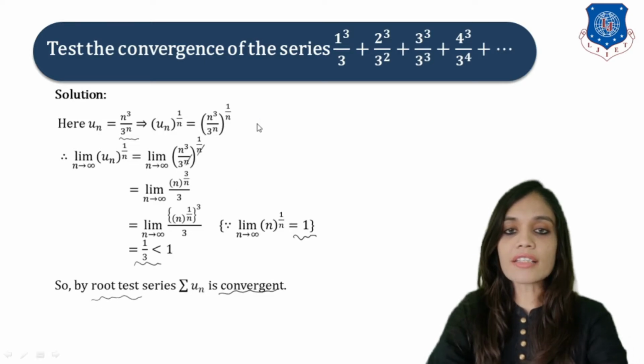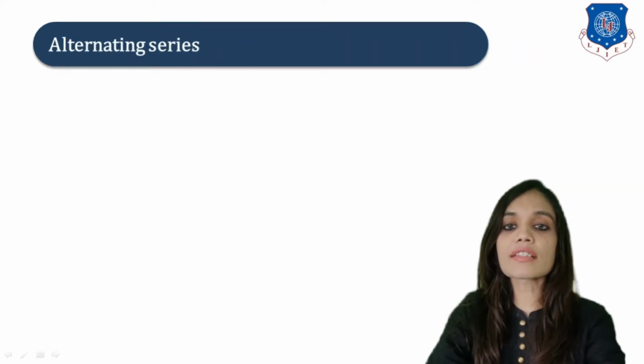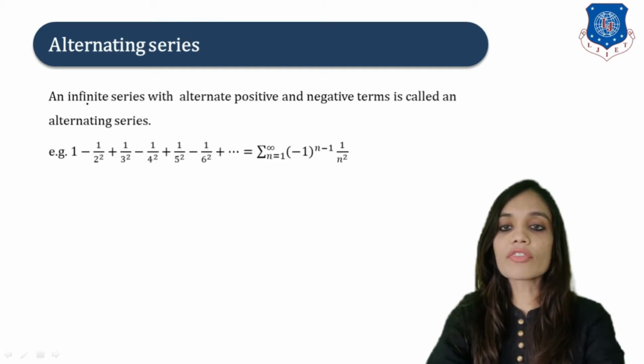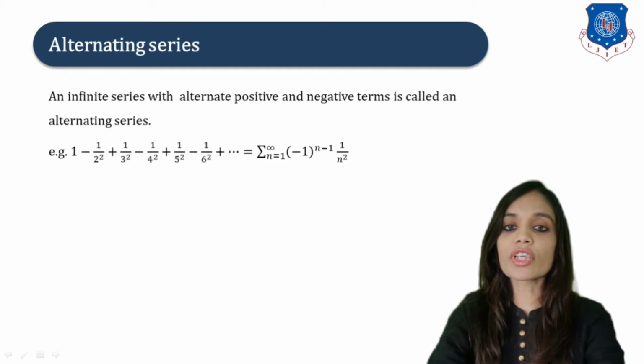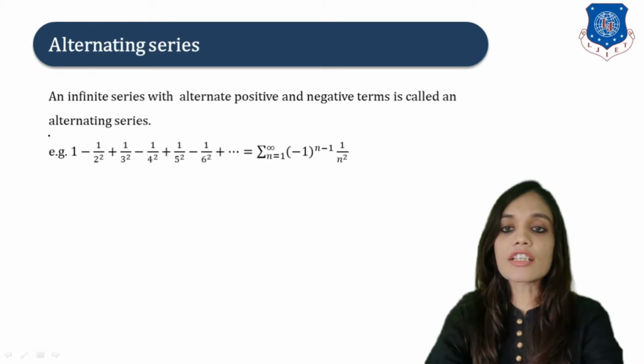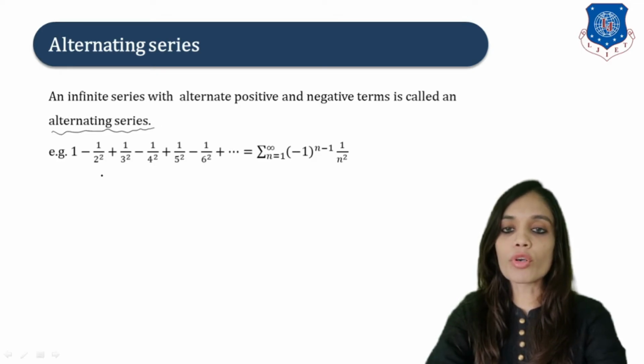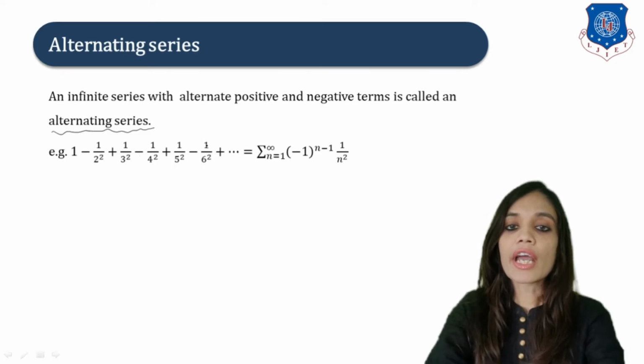Okay. Next, let us define alternating series. Whenever you are given an infinite series with alternate positive and negative terms, it is known as an alternating series. So for example, 1 minus 1 upon 2 square plus 1 upon 3 square minus 1 upon 4 square and so on.